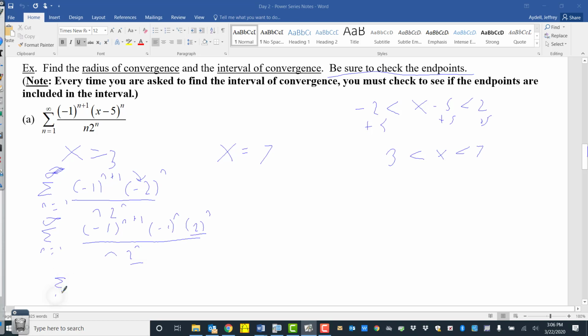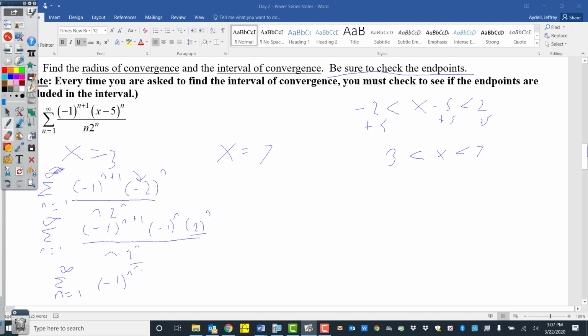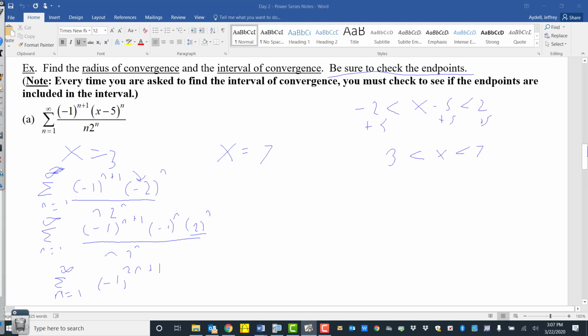And we're left with the sum from n equals 1 to infinity of negative 1 to the n plus 1 times n gives us 2n, oops. Negative 1 to the 2n plus 1 over n.